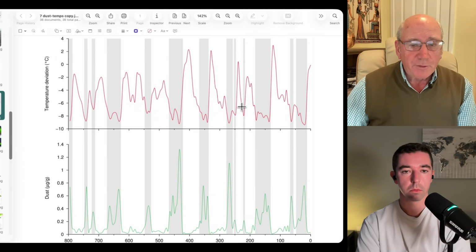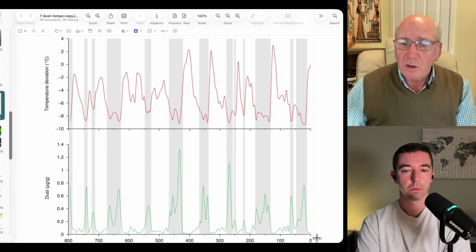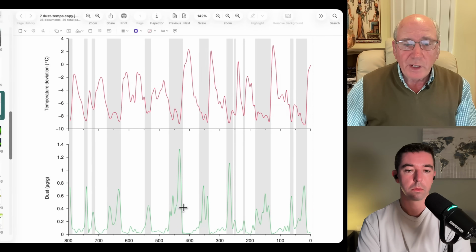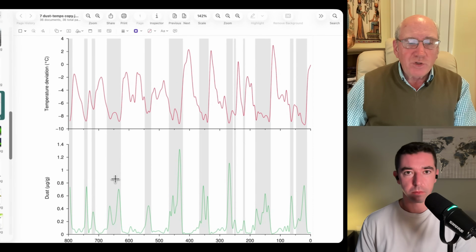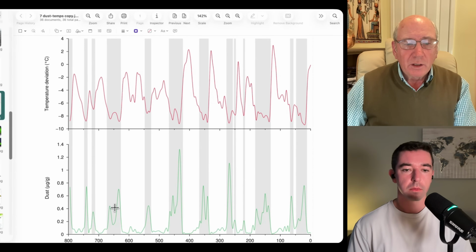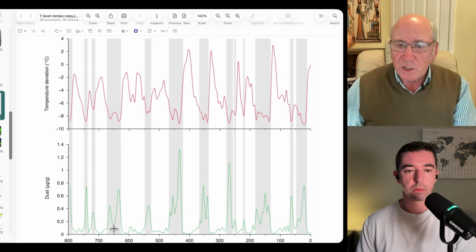This is a graph, again, 0 on the right, going back 800,000 years. We've got dust in the green and temperature, same as we've seen before, in the red. And these are all the interglacials. Obviously, high is warm and low is cold. What we've done on this graph is we've shaded anything above a certain level of dust.